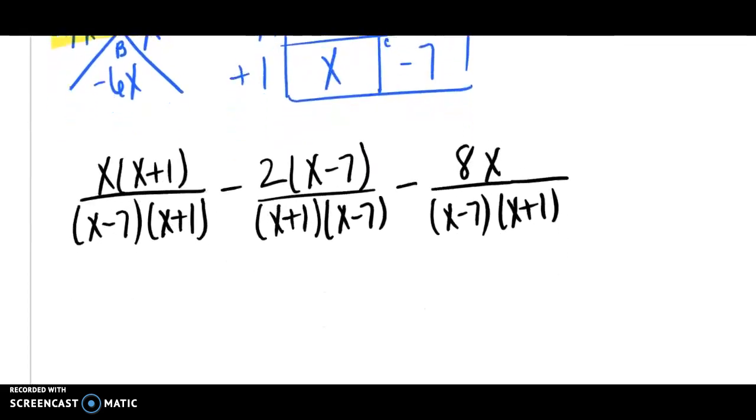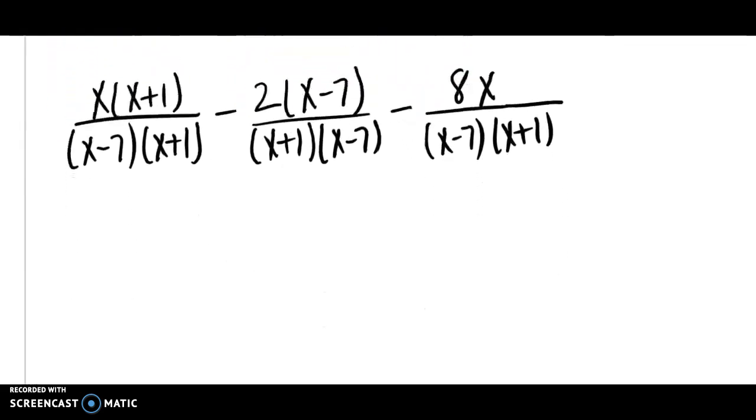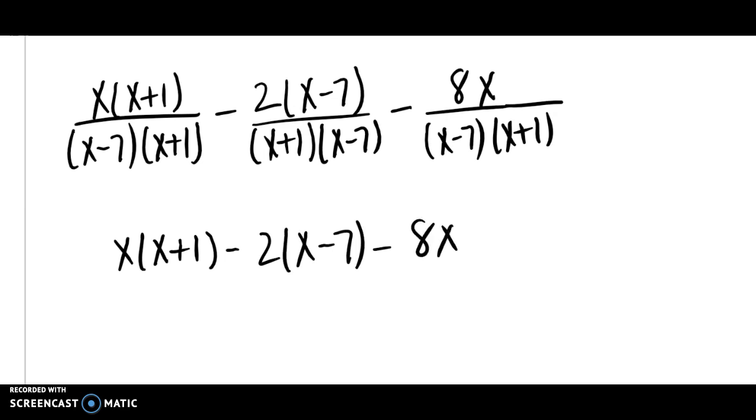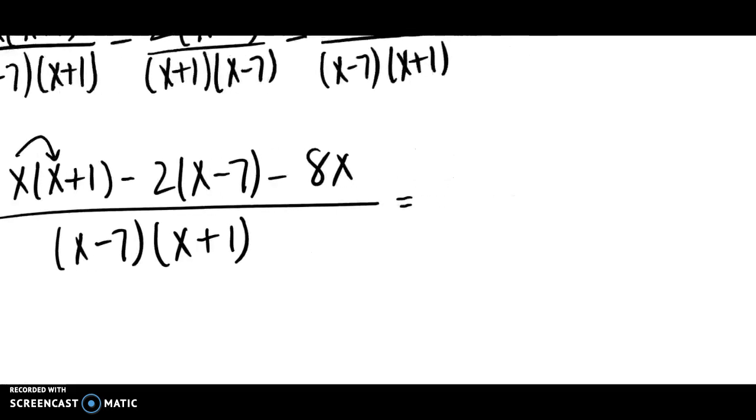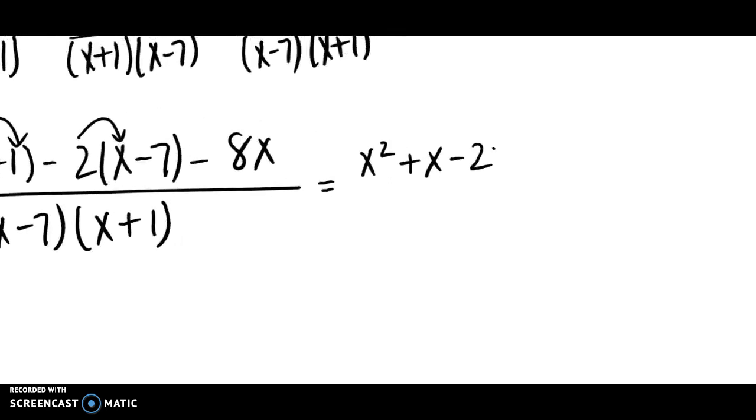Now we're going to combine, since we have the common denominator. So we have x times x plus 1, minus 2 times x minus 7, minus 8x, all over x minus 7 times x plus 1. Now let's distribute. Here we have x squared plus x minus 2x, and then plus 14.